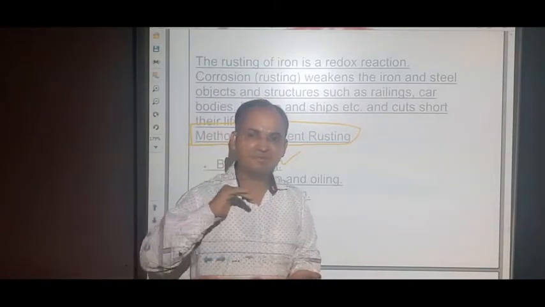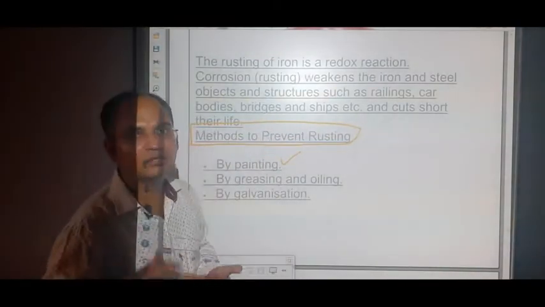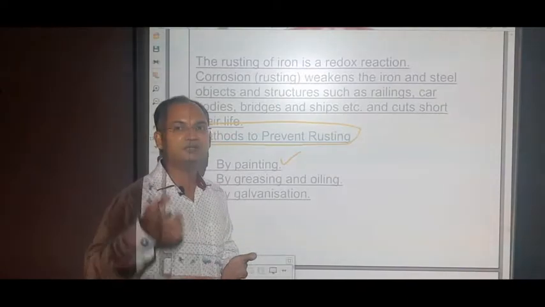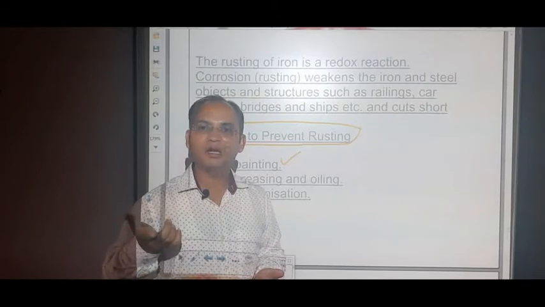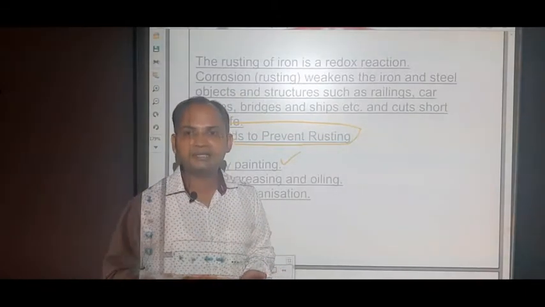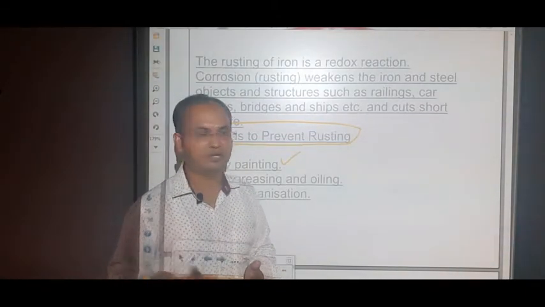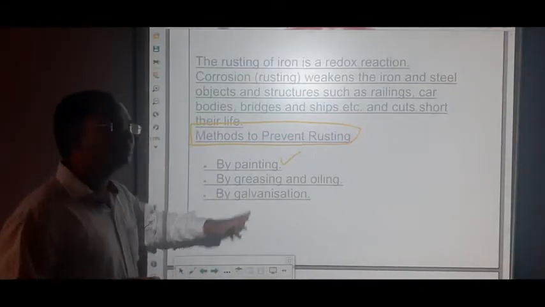So the surface of the iron remains pure. Instead of reacting with the iron surface, the surface of the more reactive metal reacts with the oxygen and water. This process is known as galvanization.